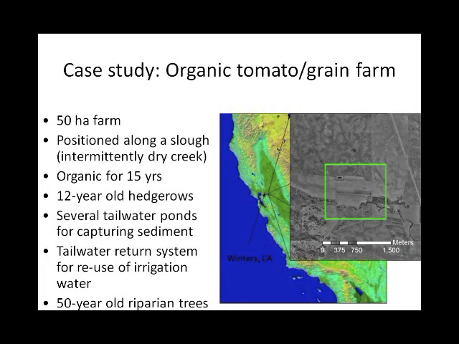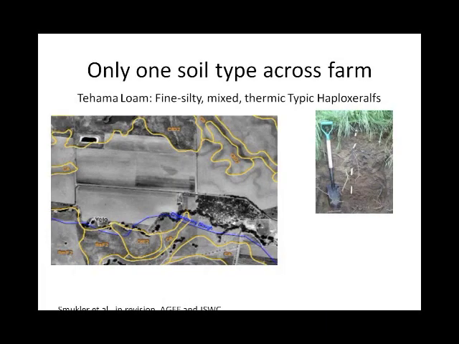It's positioned along a slough on the south side. It's been organic for about 15 years. Hedgerows were planted about 12 years before the study began. There's several tailwater ponds for capturing sediment. There's a tailwater return system by which the water in the tail ponds is pumped up to the top of the field for reuse during irrigation. And along that riparian corridor, the trees are at least 50 years old. Next slide.